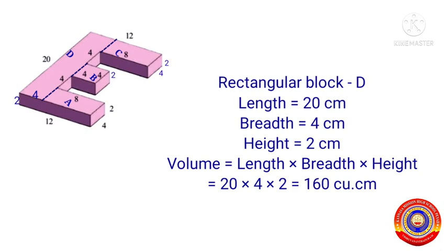Next, in block D, the length is 20 centimeters, breadth is 4 centimeters and height is 2 centimeters. Therefore, volume is 20 into 4 into 2, equal to 160 cubic centimeters.